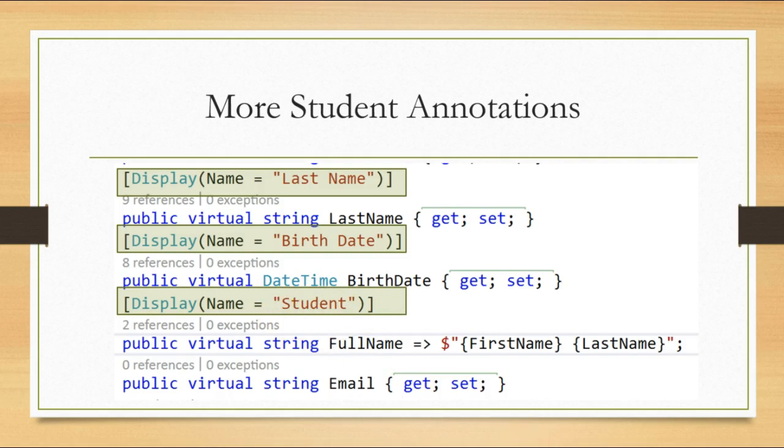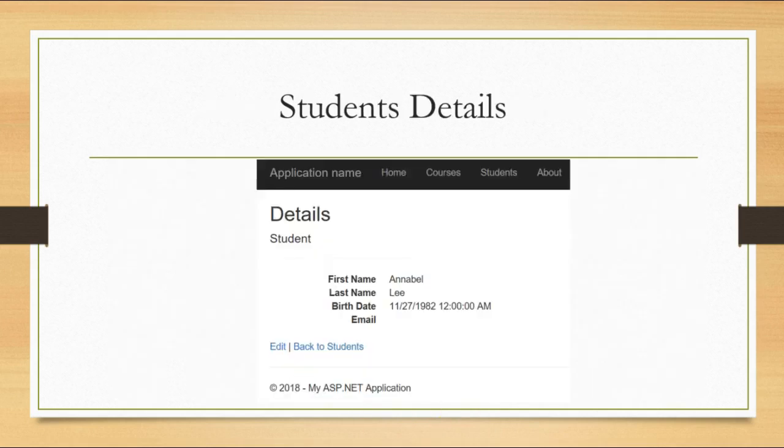Okay. And then email doesn't need one because email is email. Now let's run our student details again. You see we have first space name, last space name, birth space date, and email.